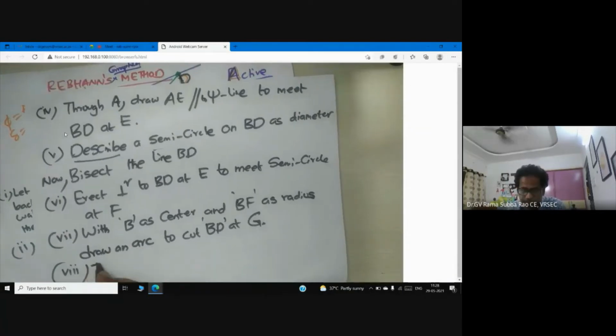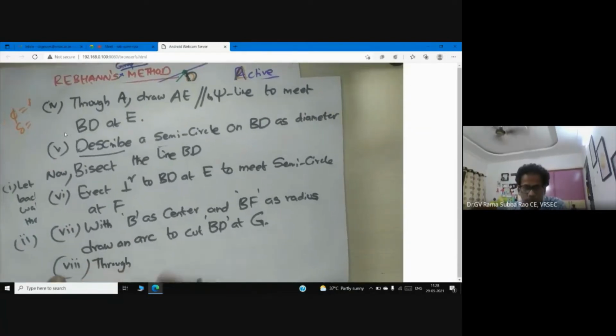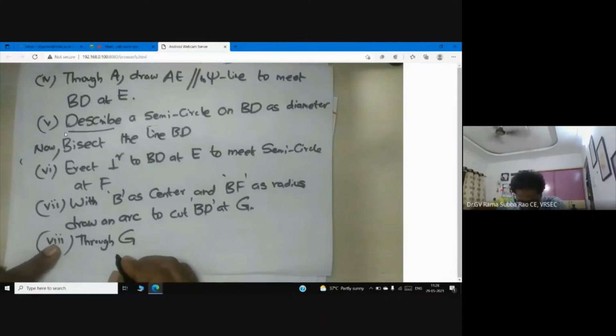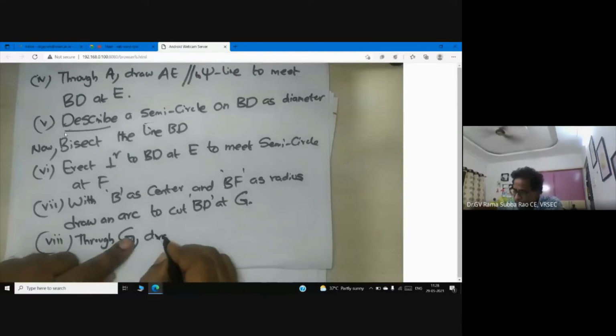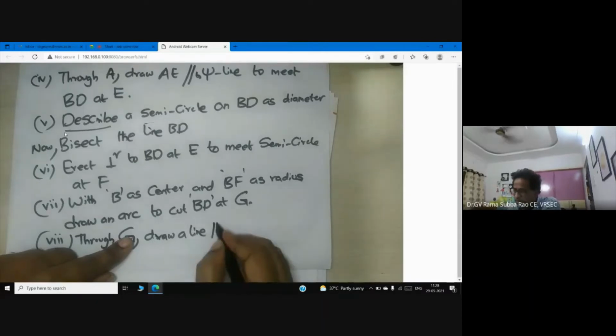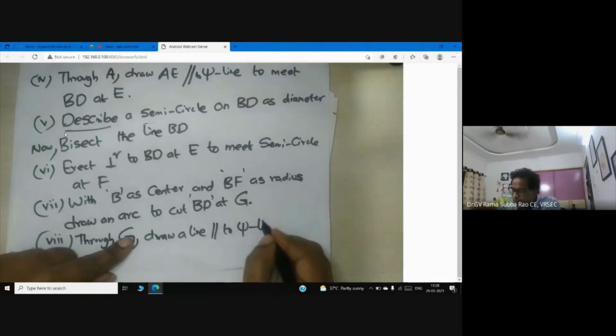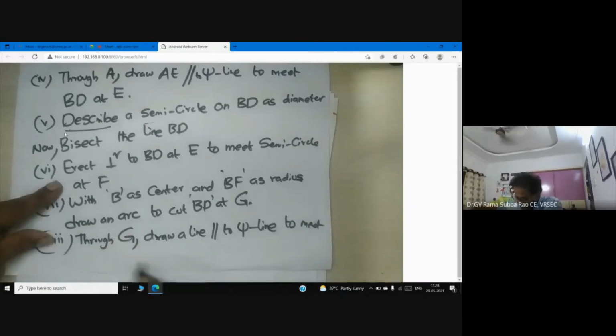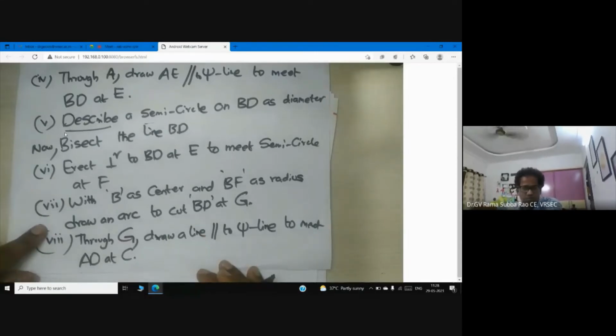Through G, draw a line parallel to psi line to meet AD at C. Hope it is visible. Now what I'm going to draw, through G, draw a line parallel to psi line.